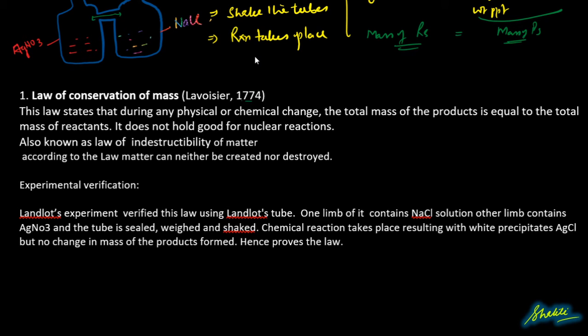This law states that during any physical or chemical change, the total mass of the products is equal to the total mass of reactants. But it does not hold good for nuclear reactions. We have to exclude nuclear reactions from this law.